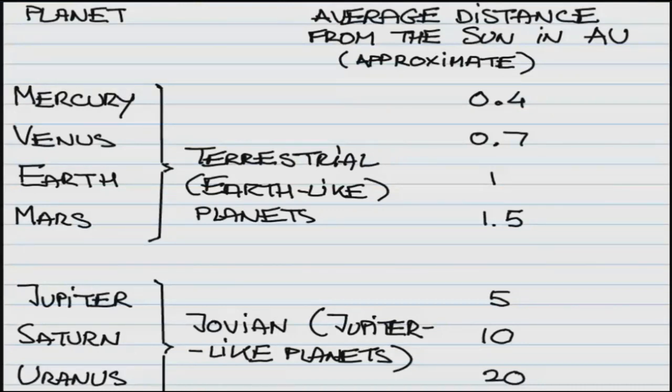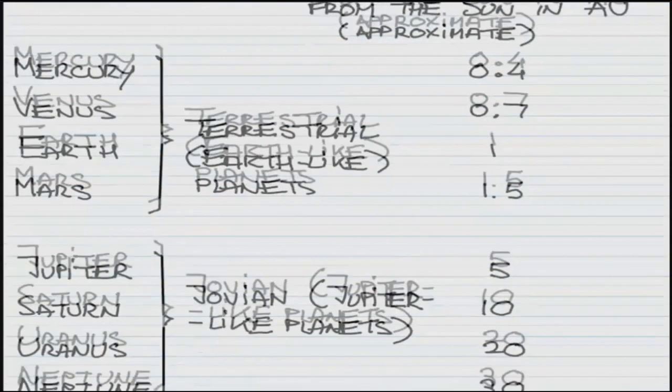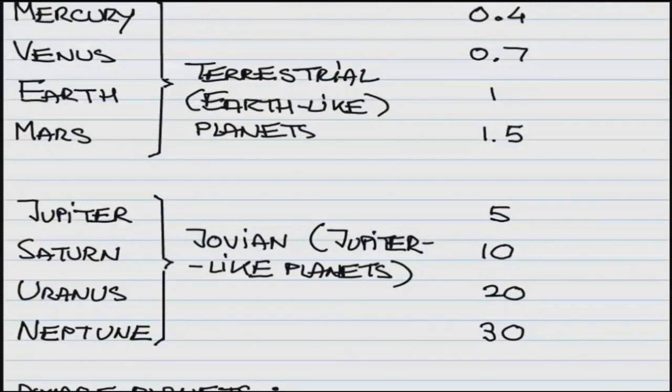And then the second group of planets are Jupiter, Saturn, Uranus, and Neptune. And they are collectively known as Jovian or Jupiter-like planets. And their distances are, for Jupiter, about 5, for Saturn 10, Uranus 20, and Neptune 30.